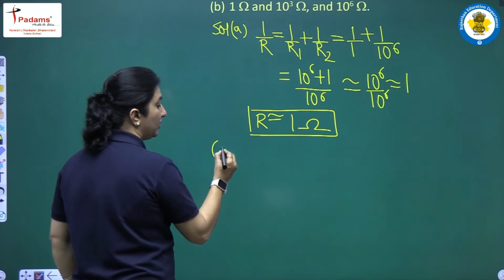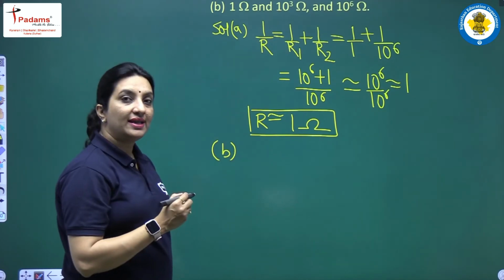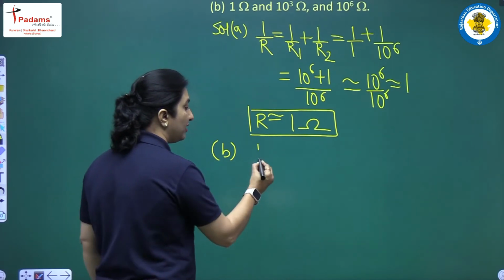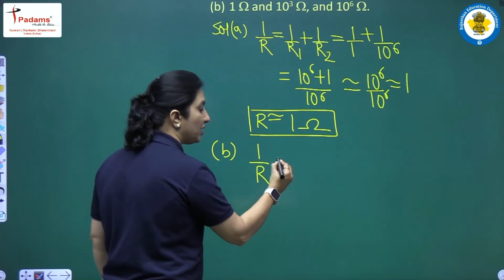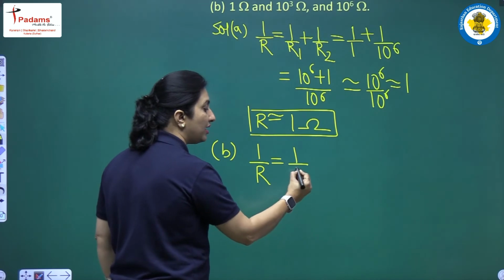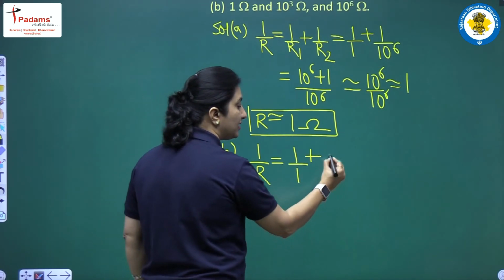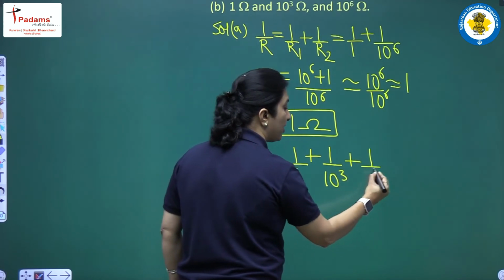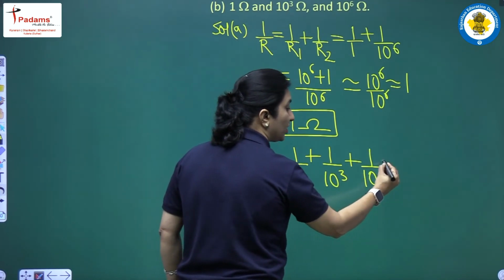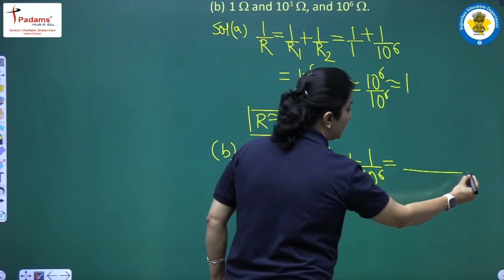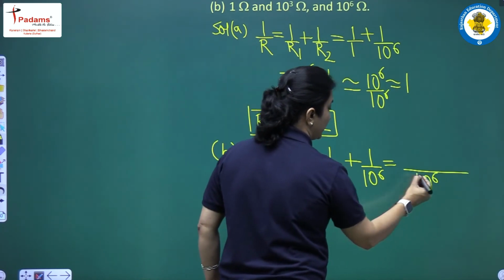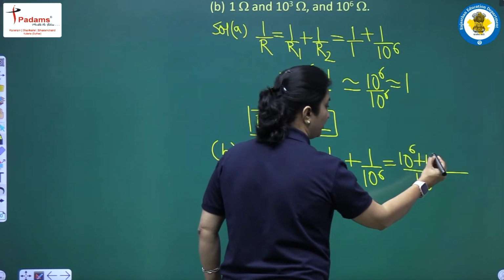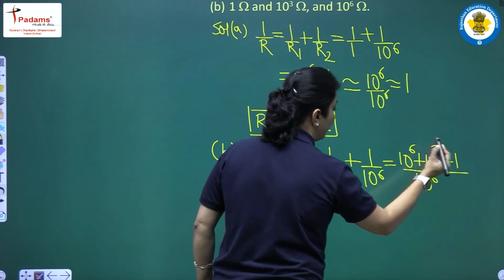So let's solve the next part. In the next part, we had three resistances, and we will write the formula for the equivalent resistance. The three resistors were: one was 1 ohm, the other was 10 to the power 3 ohms, and the third was 10 to the power 6 ohms. When I take the LCM, it will be 10 to the power 6, here I will have 10 to the power 6, here 10 to the power 3, and here 1.